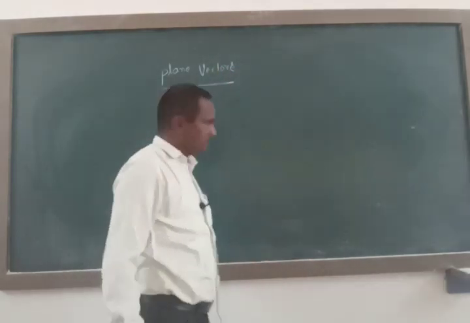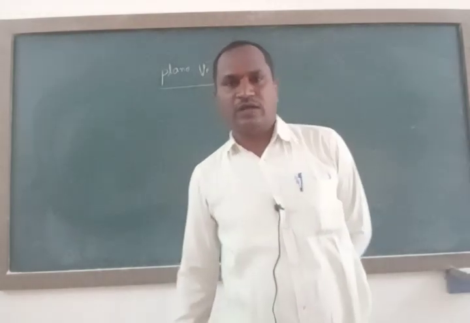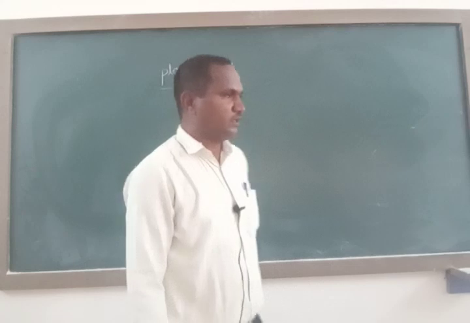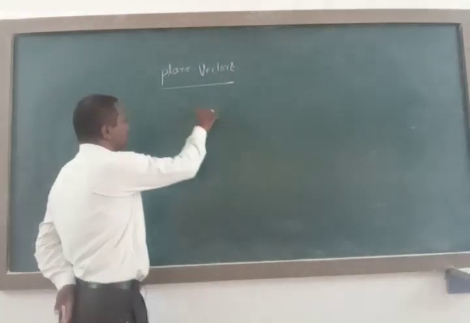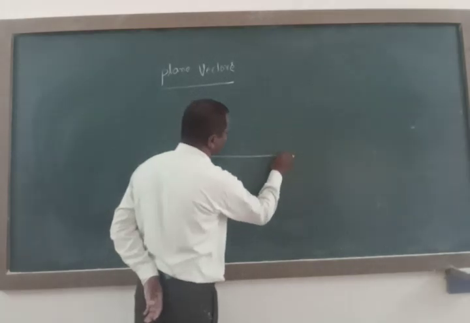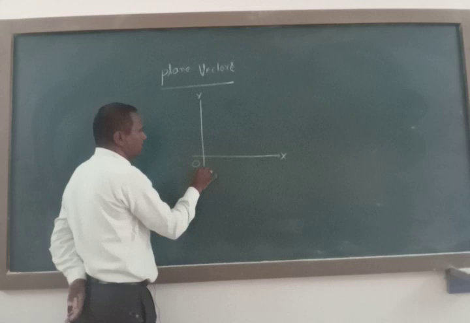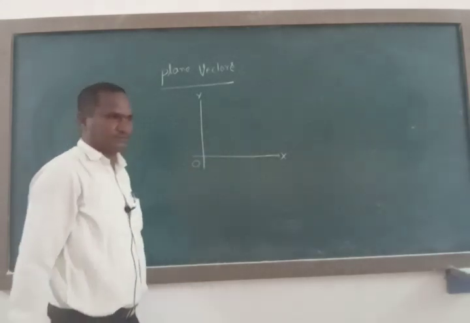Plane vectors means, by seeing the name plane, we need the rules of two-dimensional geometry here. In two-dimensional geometry, we will see the y-axis and x-axis. O is the point of intersection of the x and y-axis.